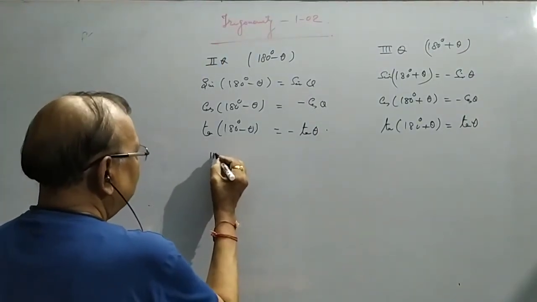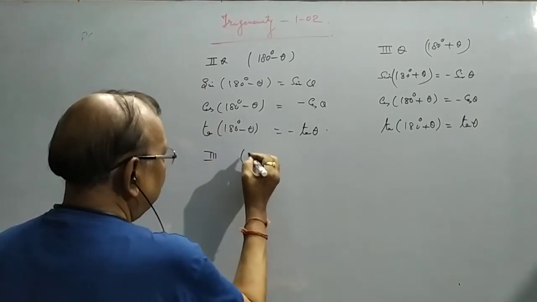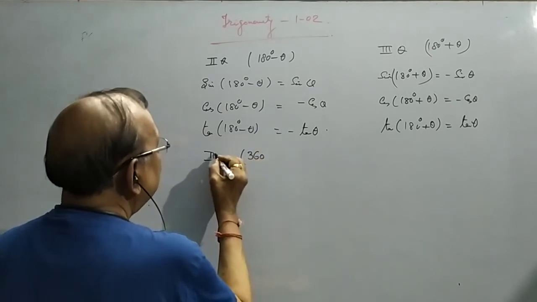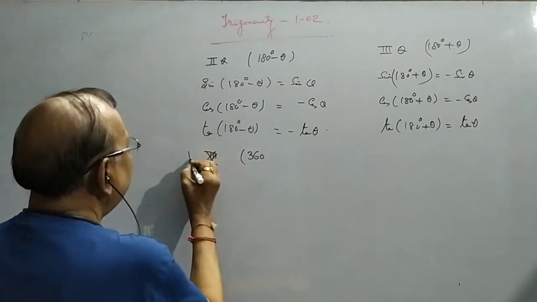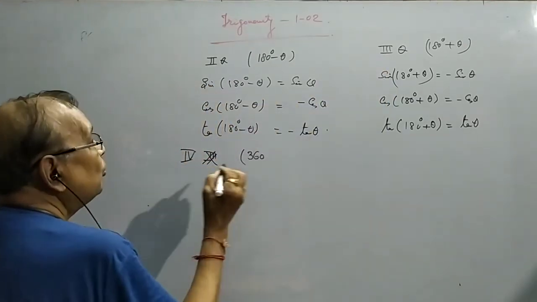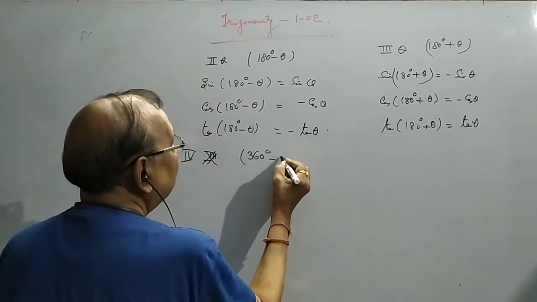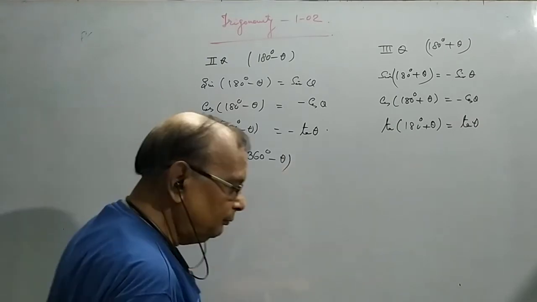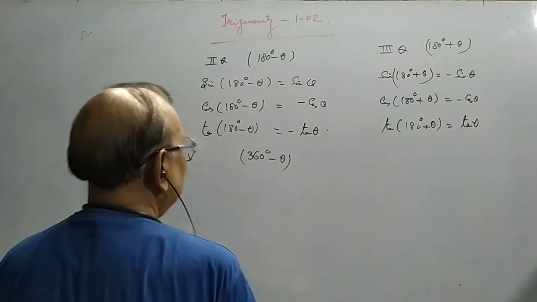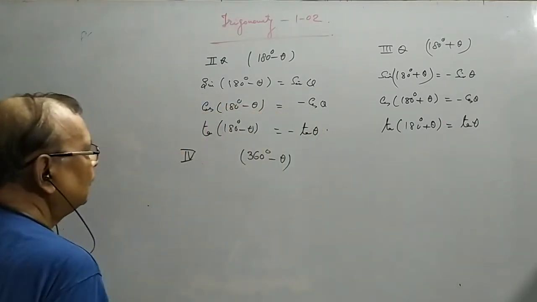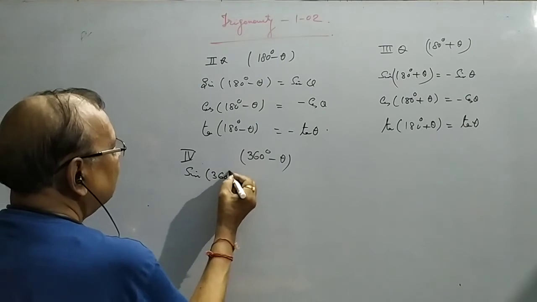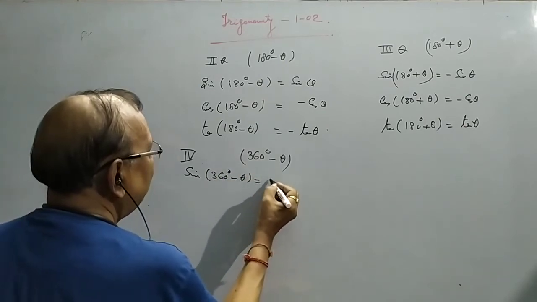Third will be the fourth quadrant. That is the first part, that is the second part, third quadrant, that is the fourth quadrant, third part. Sin 360 degree minus theta, that is in fourth quadrant, that will be negative.